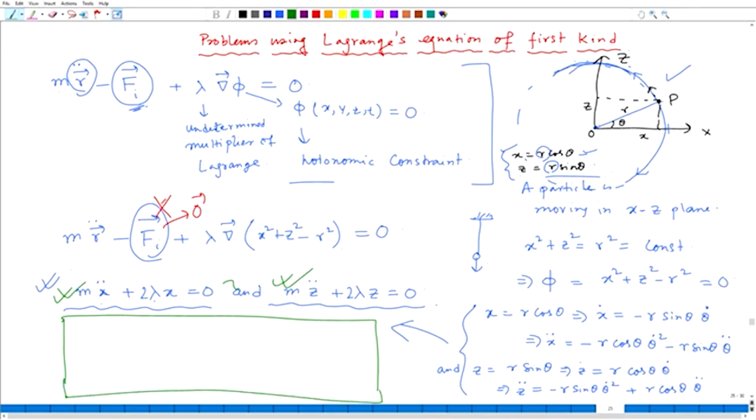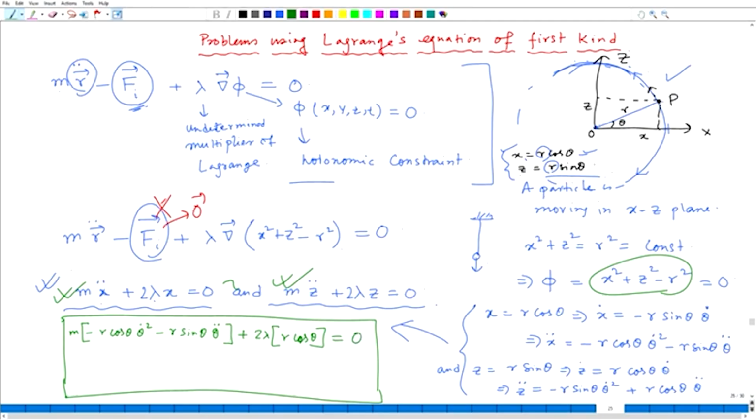Okay. So, r is a constant for our system, that is the constraint. Okay. So, I can write m times minus r cos theta theta dot square, minus r sin theta theta double dot, okay, plus 2 lambda x, where x is r cos theta, and that will be equal to 0.